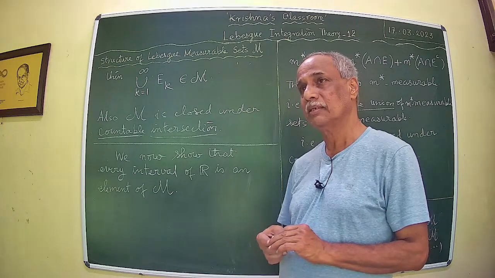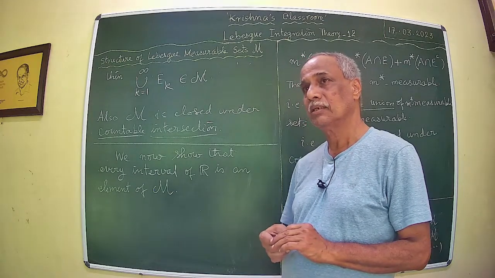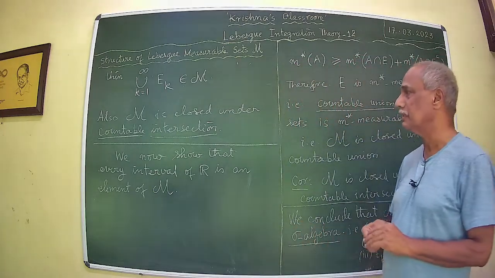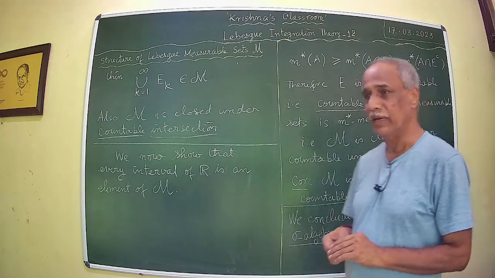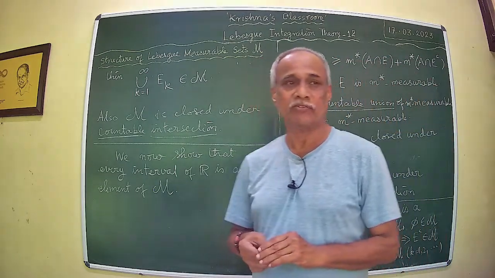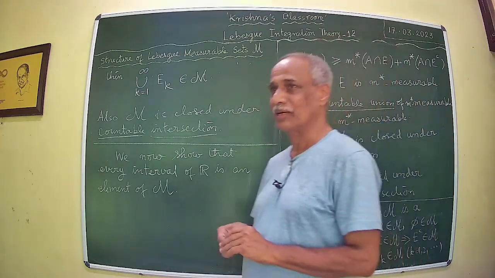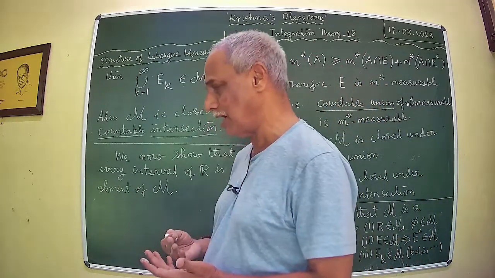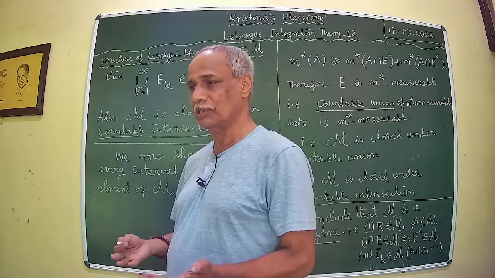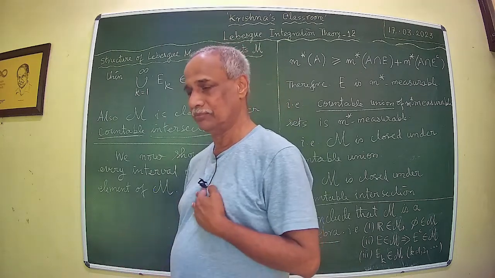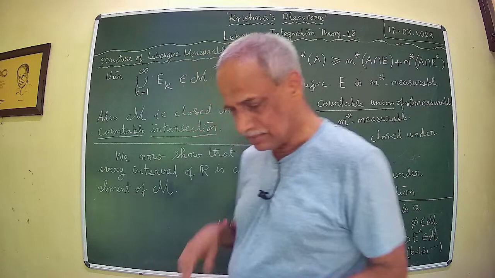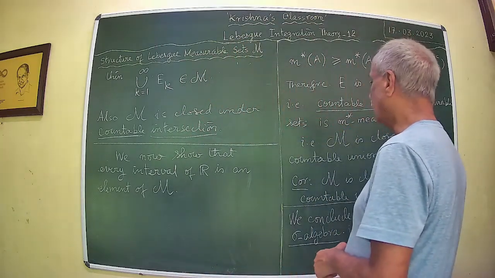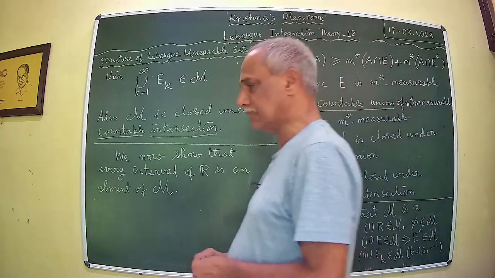Although eventually we shall see that it doesn't take care of every element of the power set of R. That means there are some subsets of R which are not measurable. Okay, I think with these remarks, let me stop here and continue with it next time.